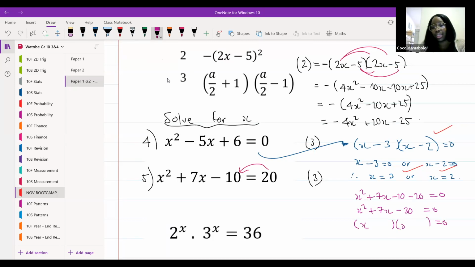I should get x and x. Factors of negative 30 that will give us positive 7 should be minus 3 and plus 10. Therefore, x is equal to 3 or x is equal to negative 10. 3 marks because they're not going to give you an extra mark for moving things over. 1 mark for factorizing, 1 mark for each of the answers.